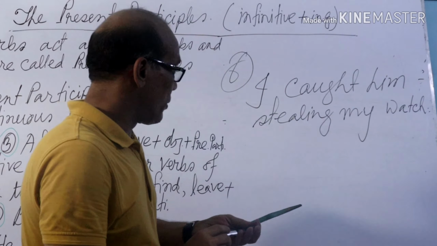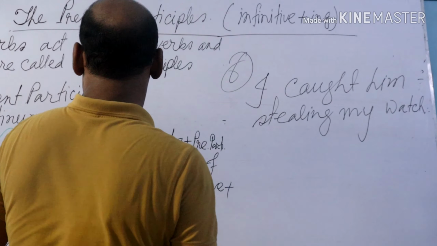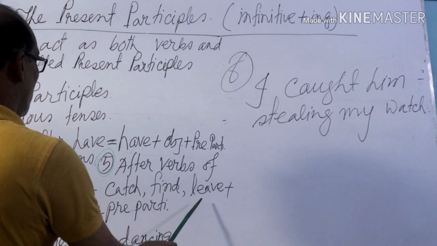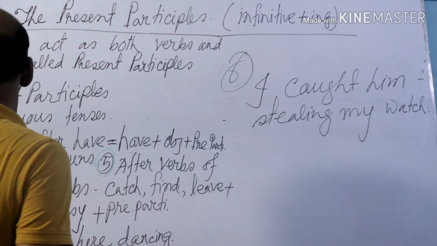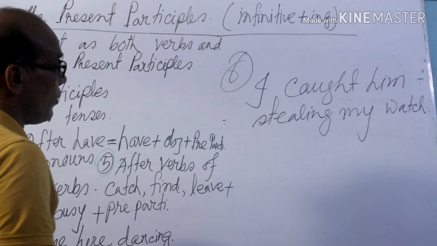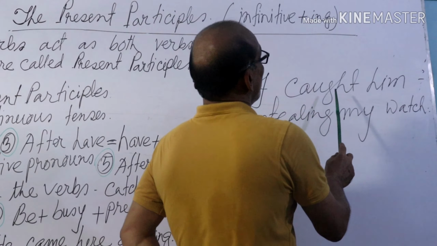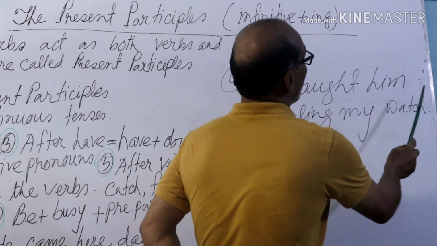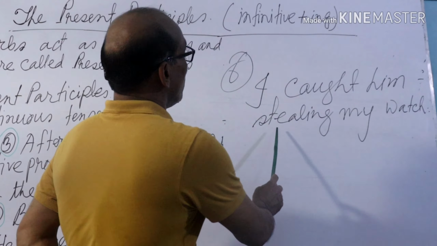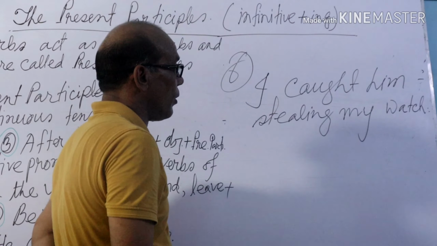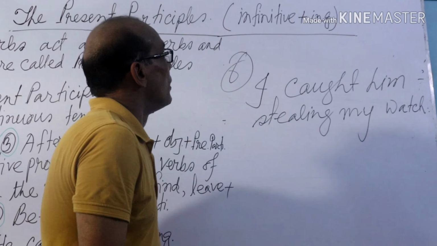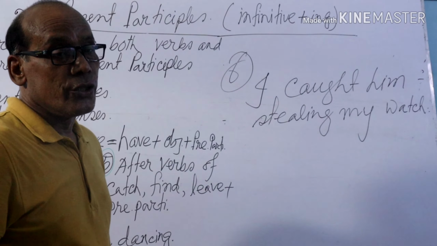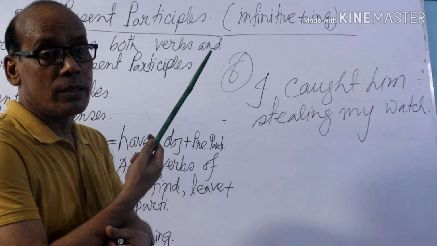Here you see, dear learners, caught. Here there are some special verbs, catch, find, leave, plus object plus present participle. The past form of catch is caught. I caught him. Him is the object here, and this is the present participle. I caught him stealing my watch. That means someone was stealing my watch, and at that time I saw him.